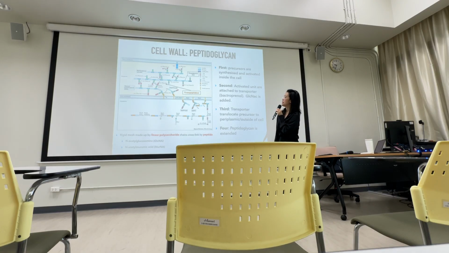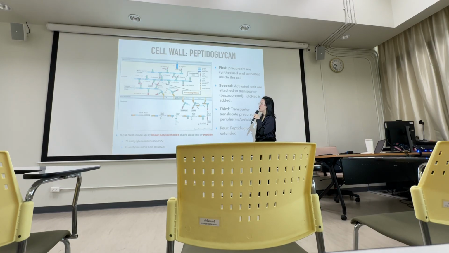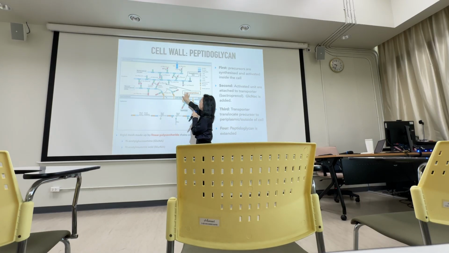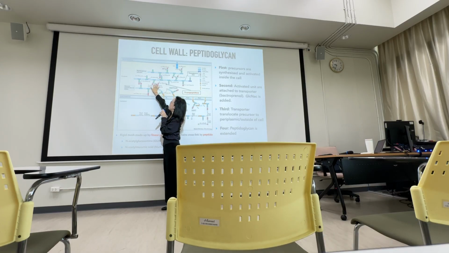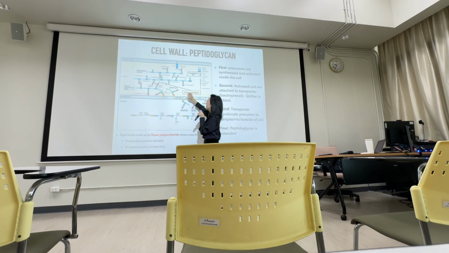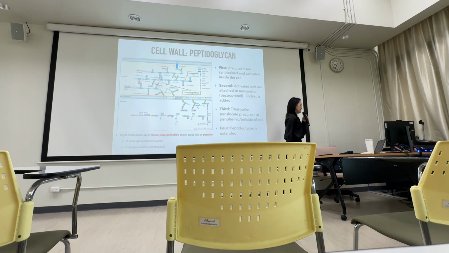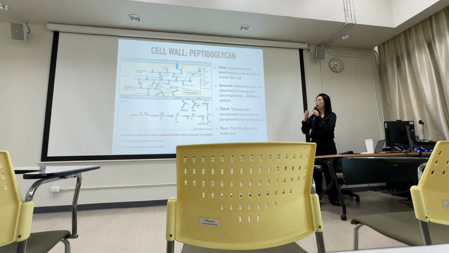The important enzyme that is the target of the antibiotics is transpeptidase. Its function is to link the peptides attached to the glycan together. Normally the drug will stop the function of transpeptidase, so the network cannot connect to each other, and the peptidoglycan cannot form a big network.